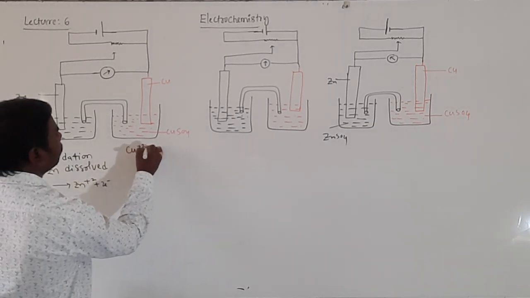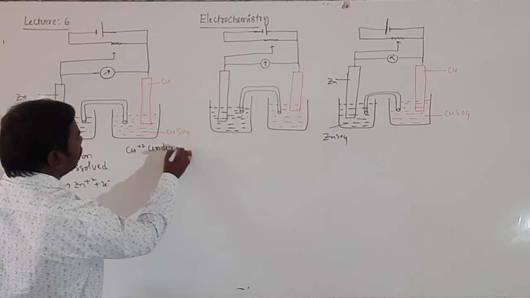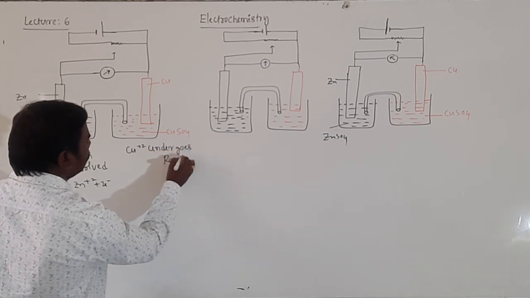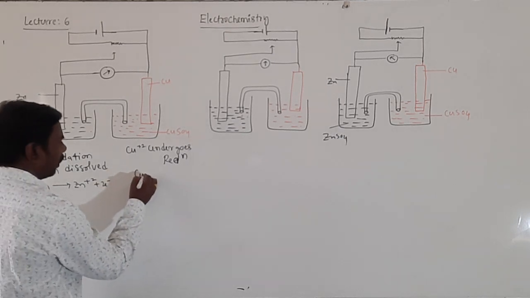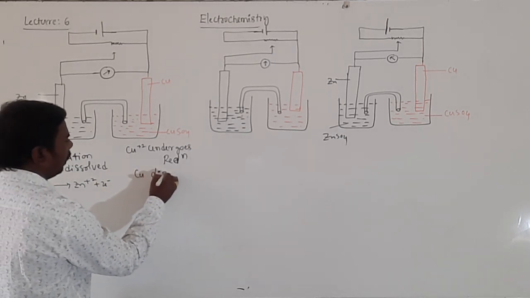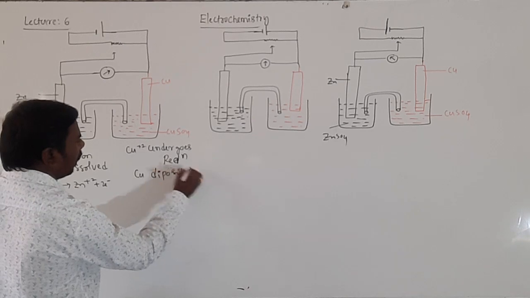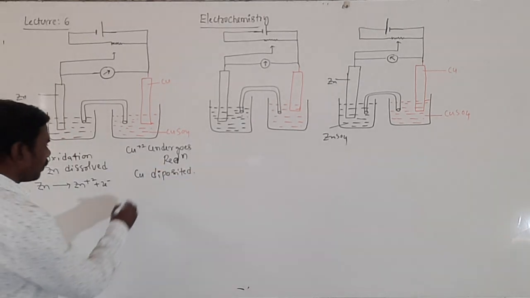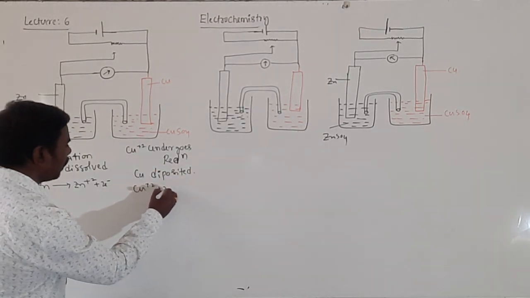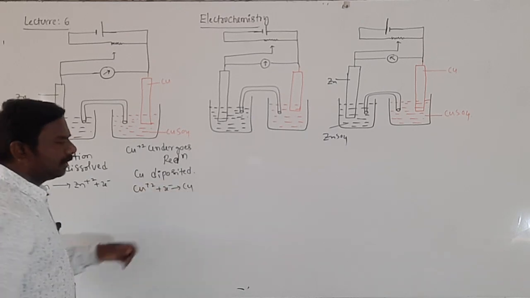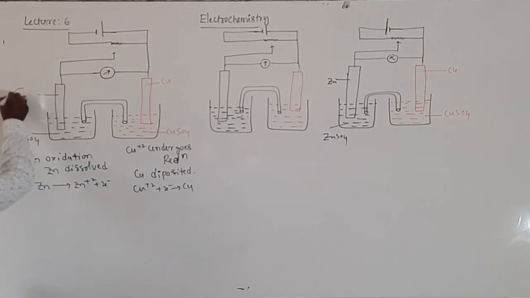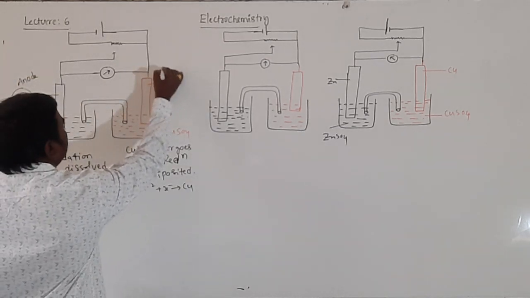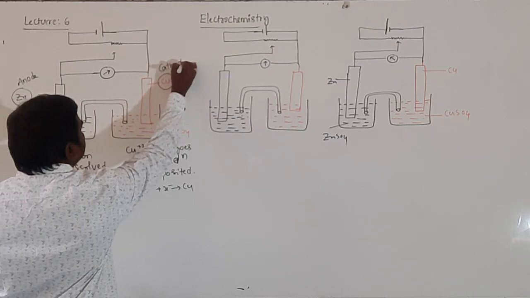Cu2+ undergoes reduction. Reduction means copper is deposited at the cathode: Cu2+ gains 2 electrons and gives rise to Cu. So zinc acts as the anode and the copper rod acts as the cathode.